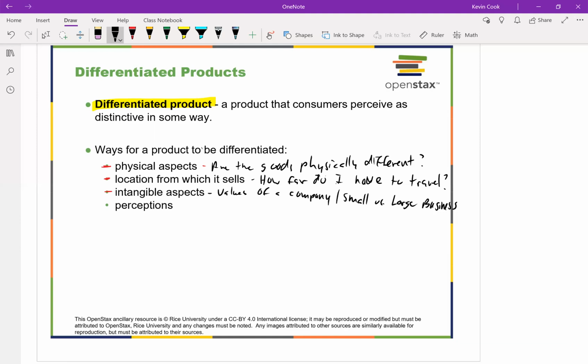And in many instances you can't even tell whether a business actually is small or large. That's part of the reason why this would be intangible. If you think about McDonald's, you think about it as this large corporation, but if you look into your actual local McDonald's, you'll see that most of your McDonald's are not owned by McDonald's. They're owned by somebody local.